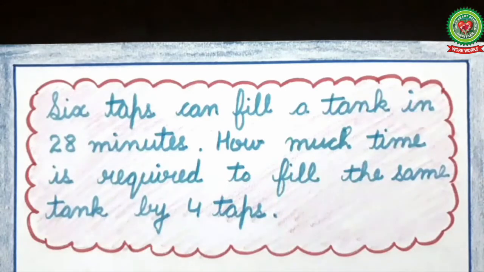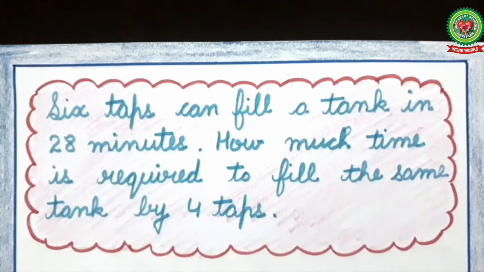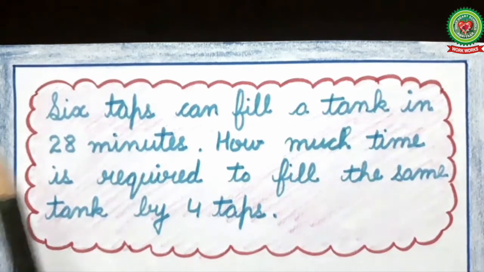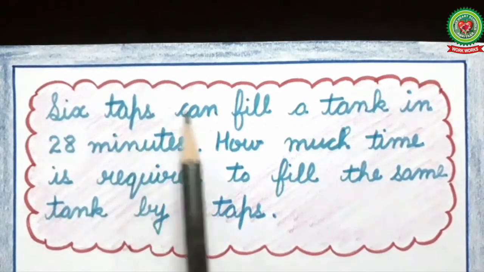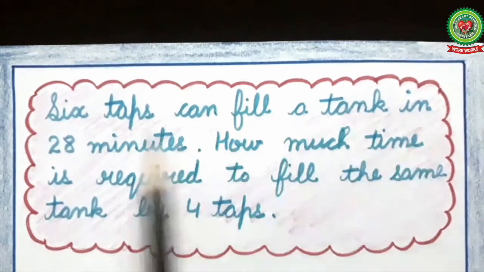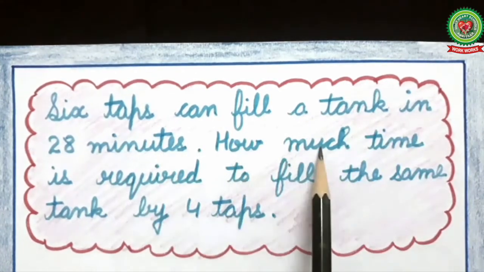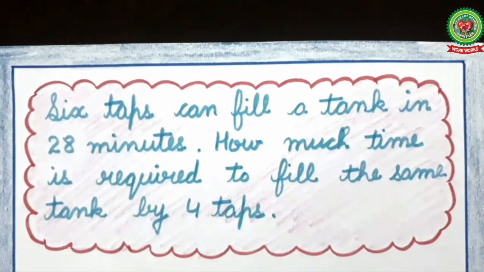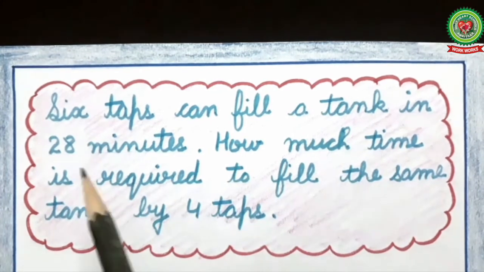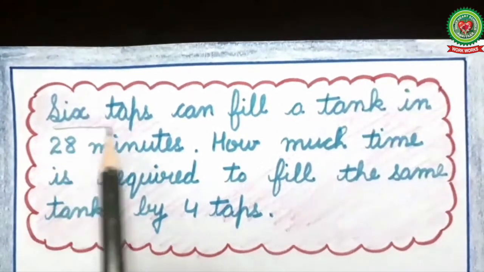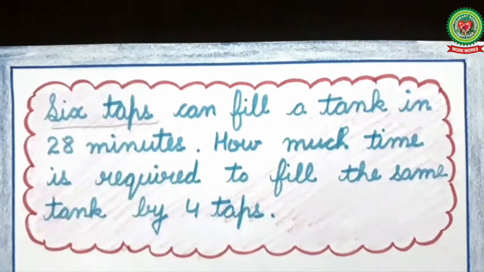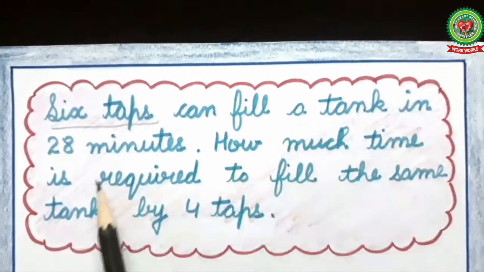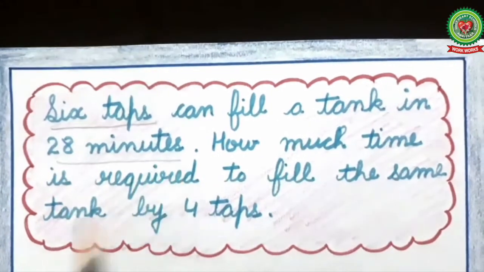Let's discuss one more example of indirect variation. The statement is: 6 taps can fill a tank in 28 minutes. How much time is required to fill the same tank by 4 taps? Here we have 6 taps that can fill a tank in 28 minutes.